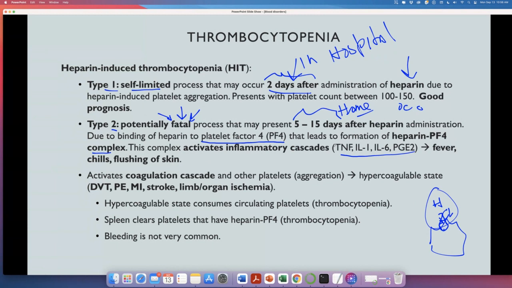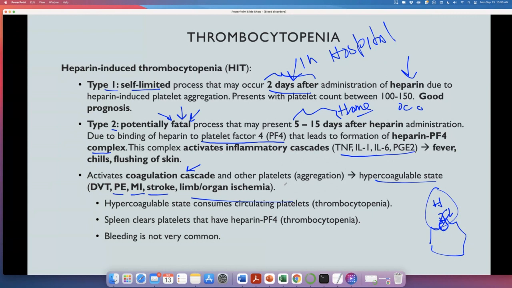Now, after the release of these cytokines, we have more steps. Activation of the coagulation cascade, activation of other platelets, so it's an amplification leading to a hypercoagulable state, with formation of deep vein thrombosis, possibly pulmonary embolism, strokes, myocardial infarctions, ischemia because of the generalized thrombosis.